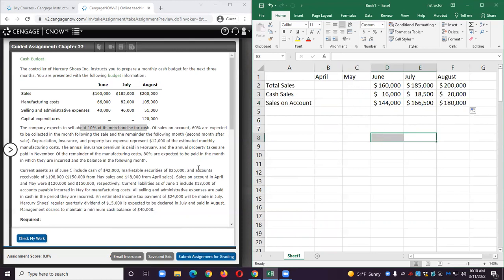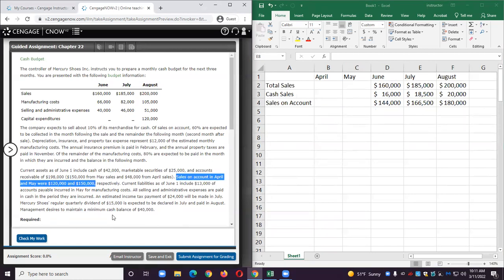For April and May, my sales on account were actually given to me right here. Sales on account in April and May were 120,000 and 150,000 respectively. Well, that was nice of you, Cengage. Thanks, buddy, for giving me that info.